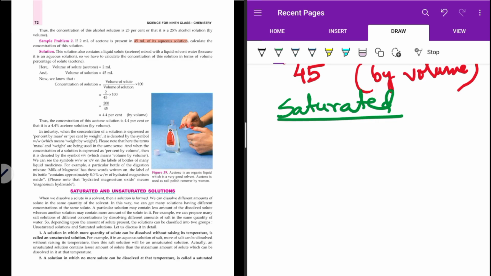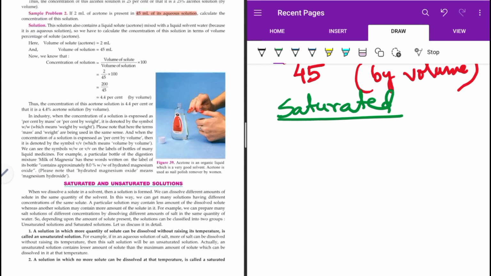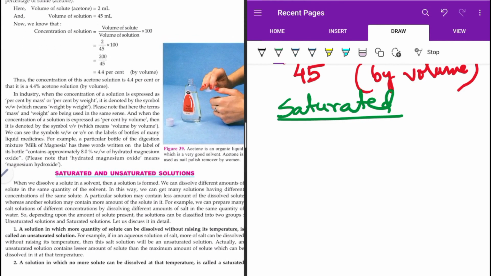So what does it mean as a solution? A solution is said to be saturated if you cannot dissolve any more solute in it at a particular temperature. So a solution in which no more solute can be dissolved at that temperature is known as saturated solution.